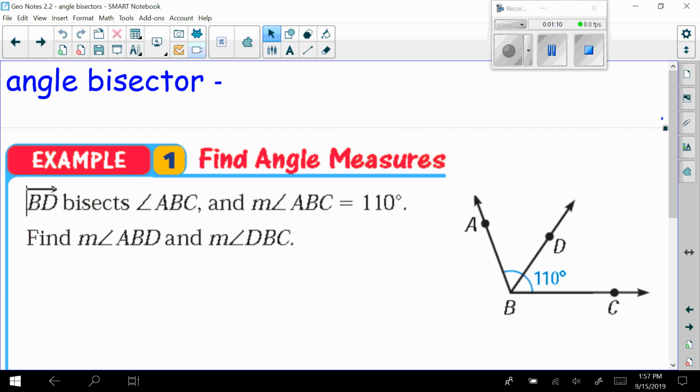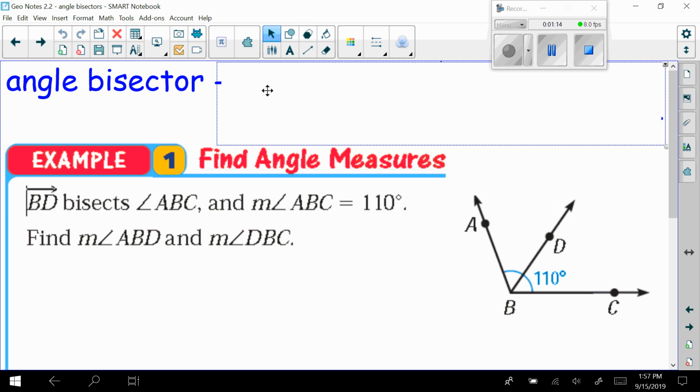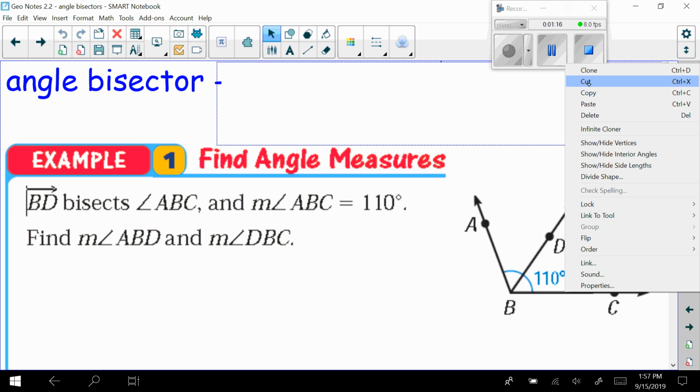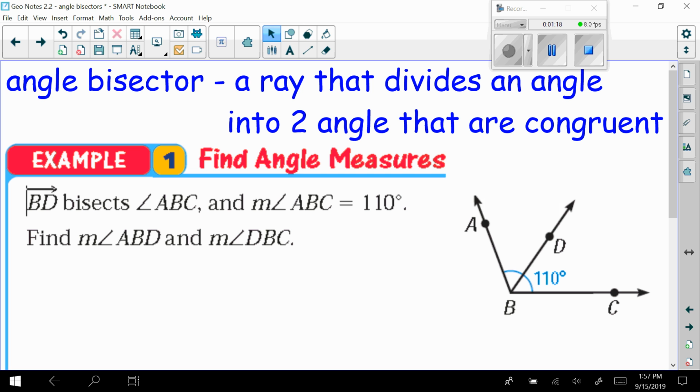All right, first thing we want to talk about is angle bisector and the definition of angle bisector. It's a lot like the definition of segment bisector. Basically, an angle bisector is a ray that divides an angle into two angles that are congruent. Remember, congruent means the same, right?